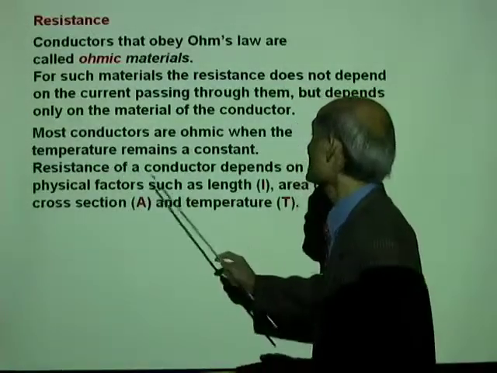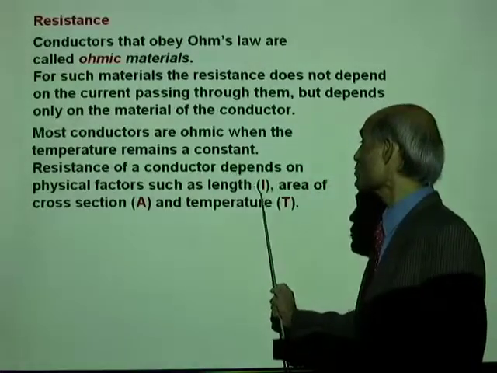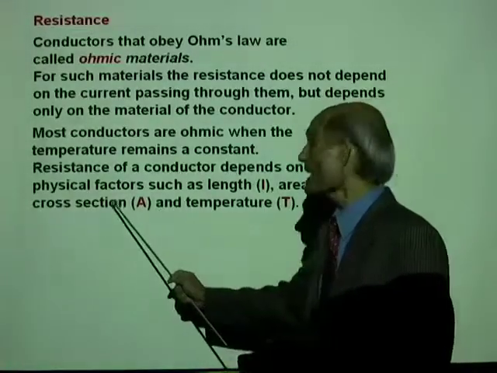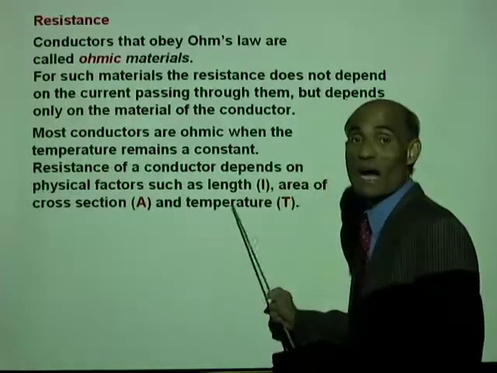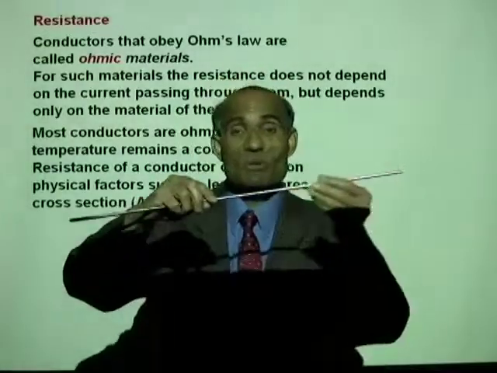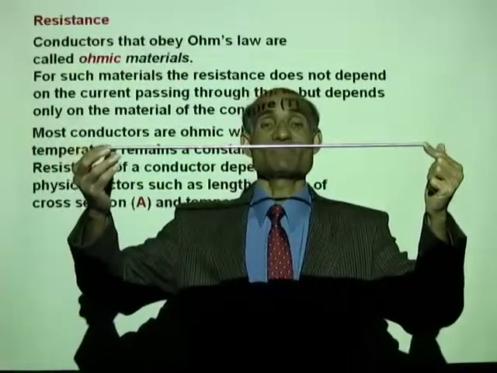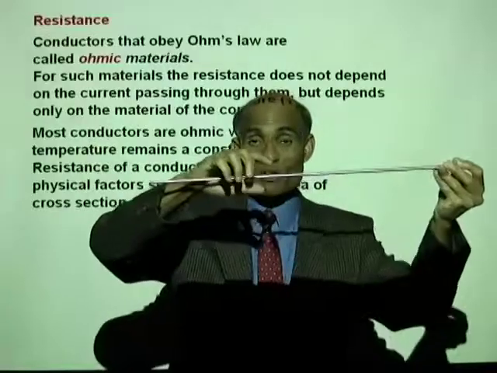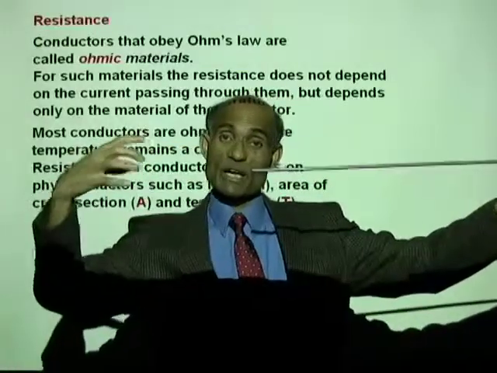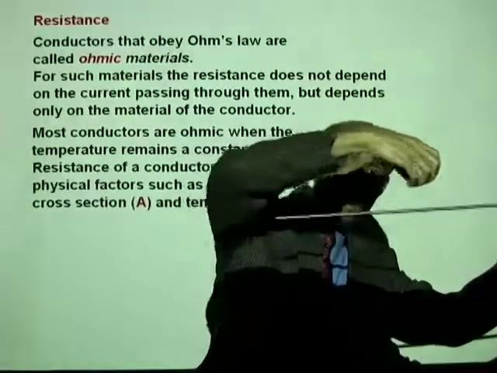Resistance of a conductor depends on physical factors such as the length of the conductor, the area of cross-section, and temperature T. Now tell me, what happens if I increase the length of the conductor? If I increase the length, electric charges have to drift through a very long path.